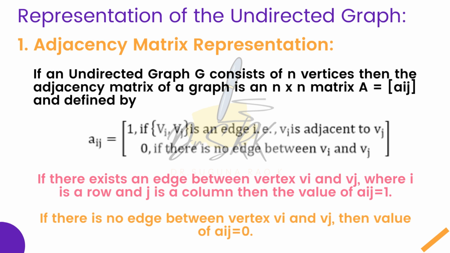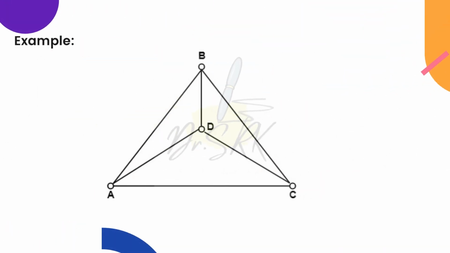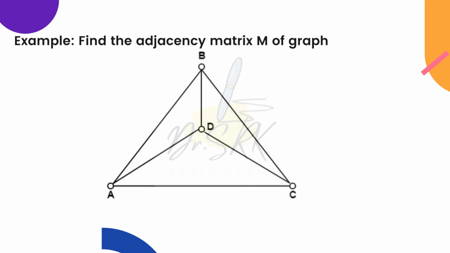To understand this adjacency matrix representation, let us look at the example. Find the adjacency matrix M of the graph G shown in the figure below. This is the given graph.